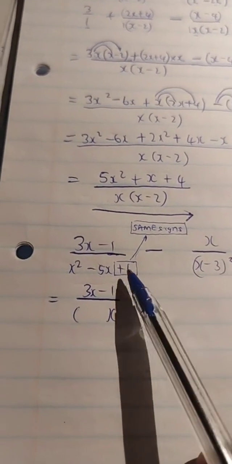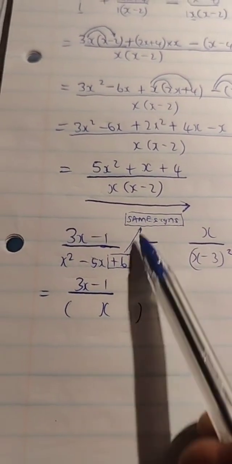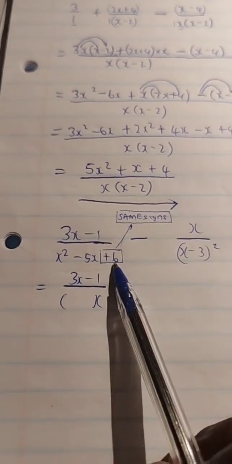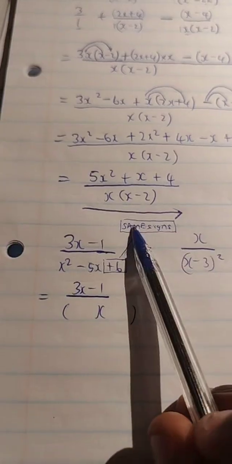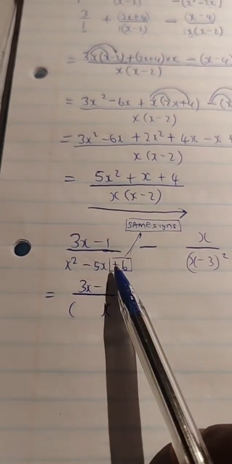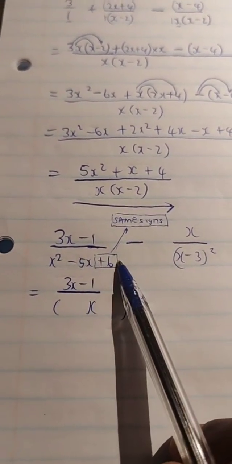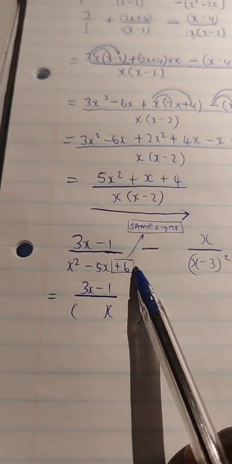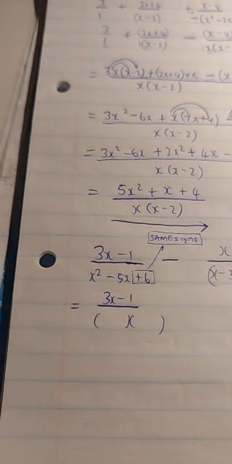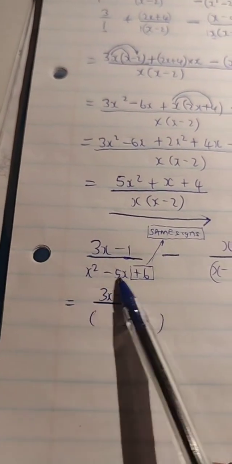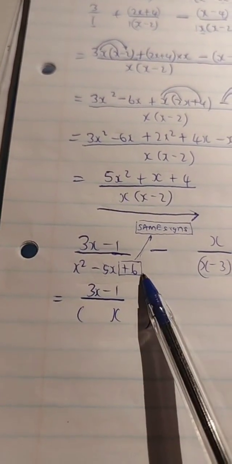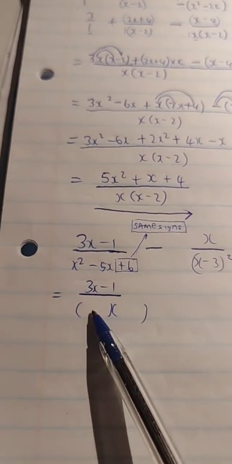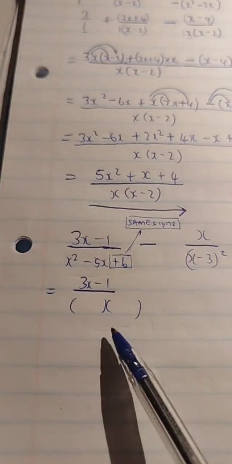So a positive last term means what? Same sign. So when you see a positive last term, you must think of same signs. But if it was a negative constant, then you would think of different signs. So I don't ever want to see someone factorize a quadratic trinomial and think that when there's a positive, it is allowed that you have different signs.